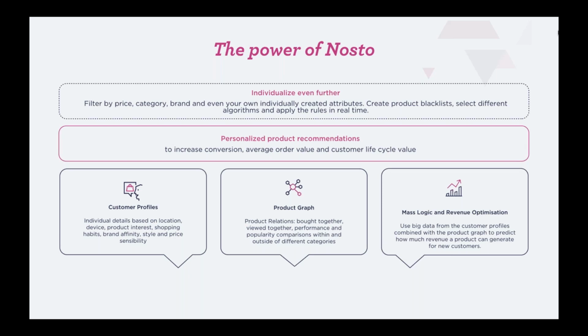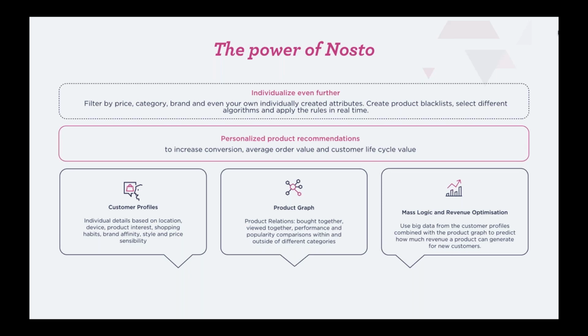You can choose which products to exclude from recommendations by adding them to the blacklist. And then, of course, you can select different algorithms to use in your on-site recommendations based on the business needs and based on the page type you have the recommendation slot on. And of course, this is applied in real time.